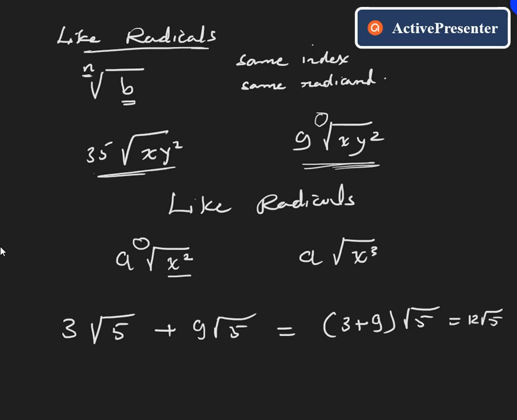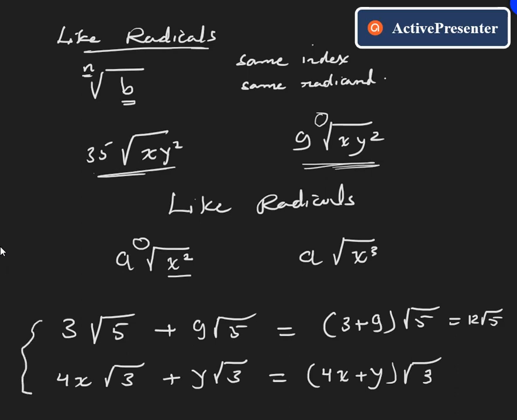Also, if I tell you 4x square root of 3 plus y square root of 3, this is equal to 4x plus y multiplied square root of 3. And that's it. This is how you add like radicals.